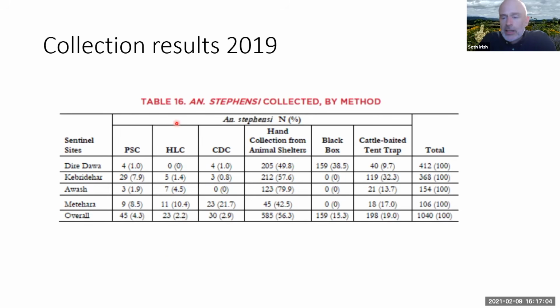Using our human landing collection, we caught similarly low numbers: 0 in Deir Dawa, 5 in Kabir Dahar, 7 in Awash, and 11 in Metahara. Using the CDC Light Trap, similarly, even though we put out a number of CDC Light Traps, and I'm sorry that I don't have the exact number here, we still caught quite a small number.